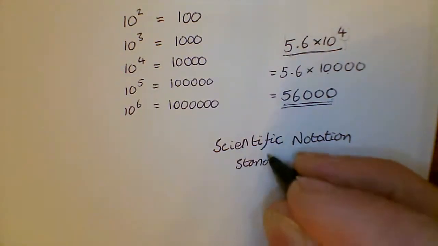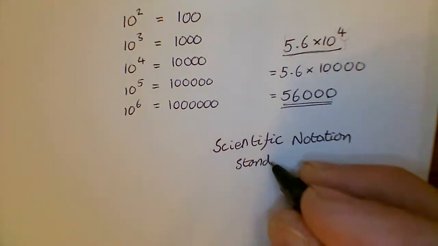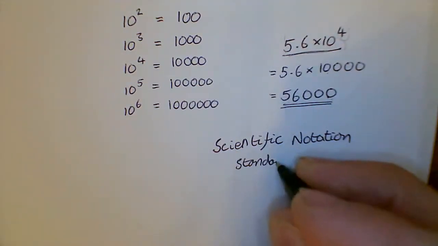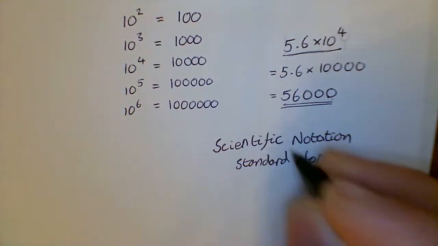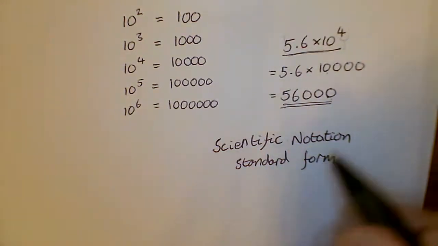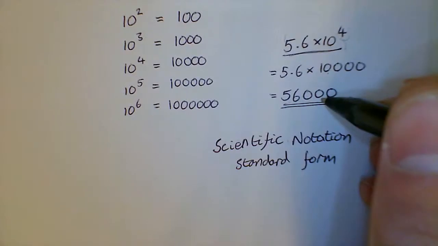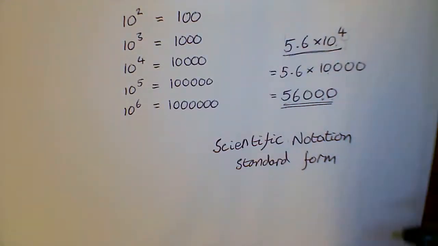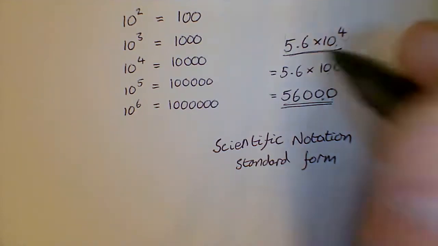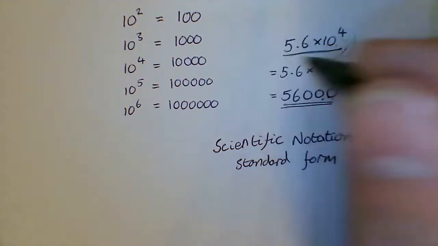Both names get used. I will try and be consistent and use scientific notation, but if I accidentally say standard form, it means the exact same thing. So these two phrases mean taking a number like this and putting it into this times 10 to the power of something form. We're going to talk a little bit more about this in the next video.